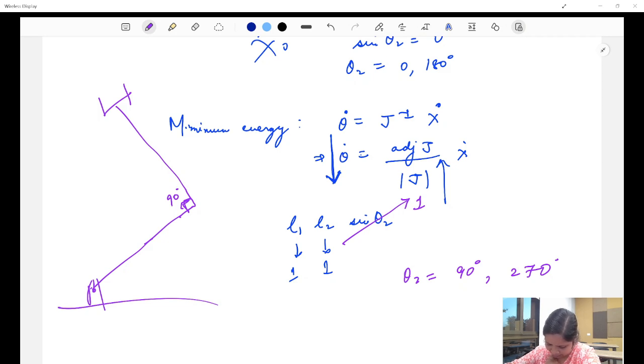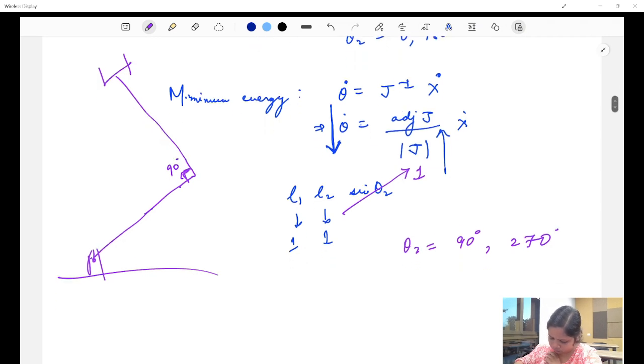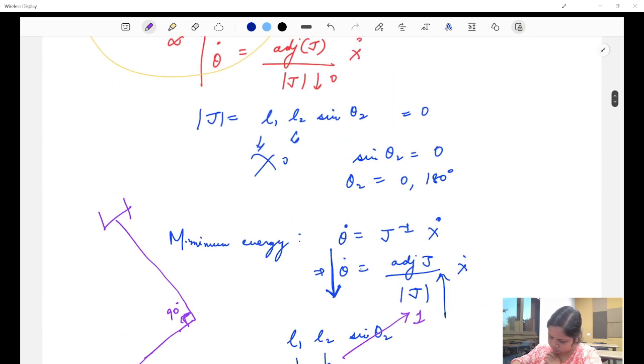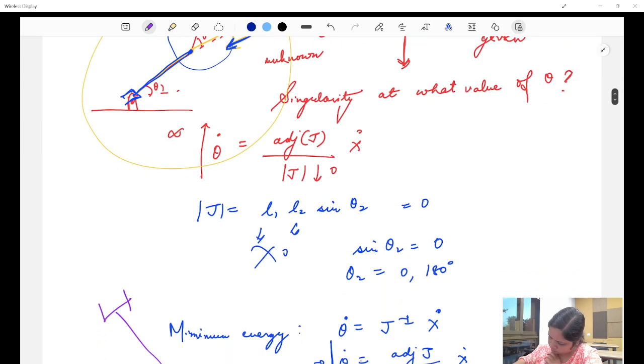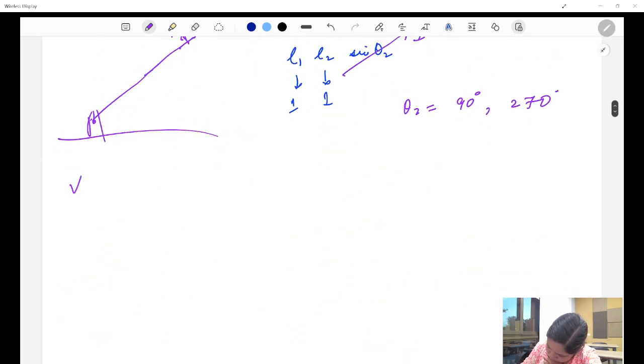Apart from that, manipulation ability. Manipulation ability is also called manipulability.